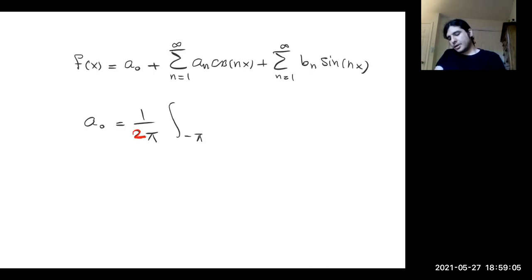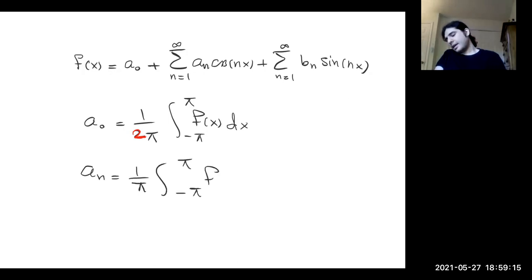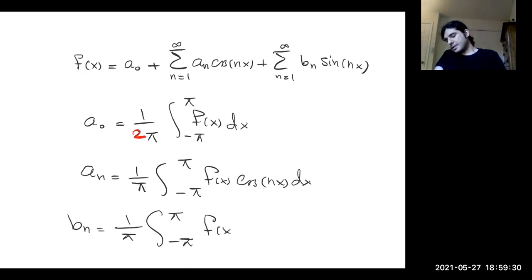Integral from minus pi to pi of f(x) dx. a_n is equal to 1 over pi times the integral from minus pi to pi of f(x) cos(nx) dx, and b_n is equal to 1 over pi times the integral from minus pi to pi of f(x) sin(nx) dx.